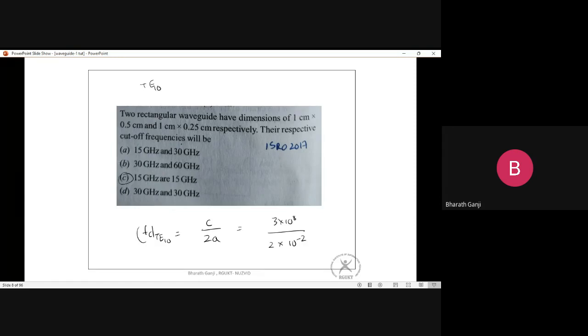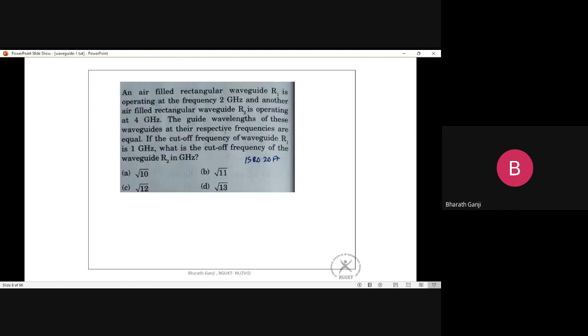Okay, right. We'll move on to the next one. An air-filled waveguide R1 is operating at a frequency of 2 gigahertz and another air-filled waveguide R2 is operating at 4 gigahertz. The guided wavelength of these waveguides at their respective frequencies are equal.